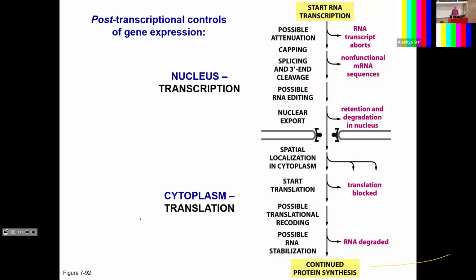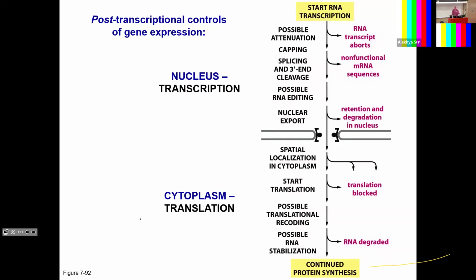Once this is completed, RNA will go to the cytosol, and very often the messenger RNA will not just float around, but may go to specific places in the cell.